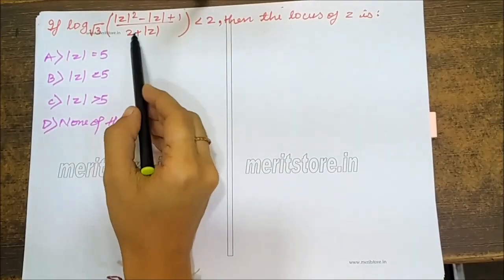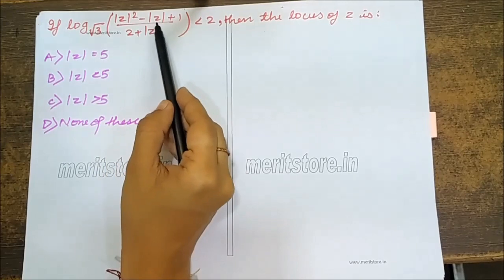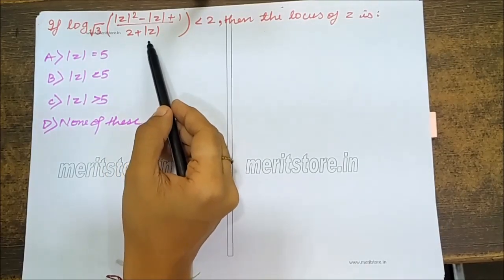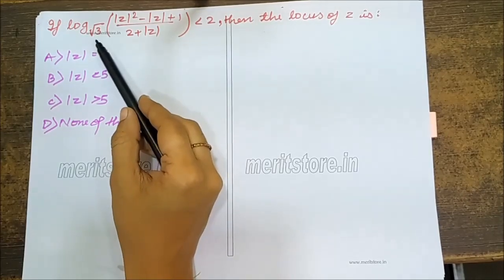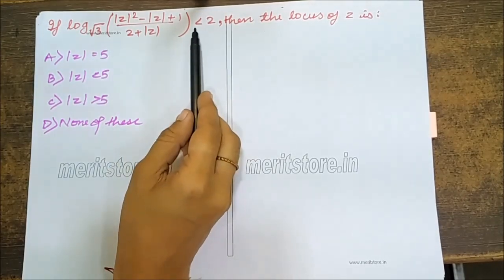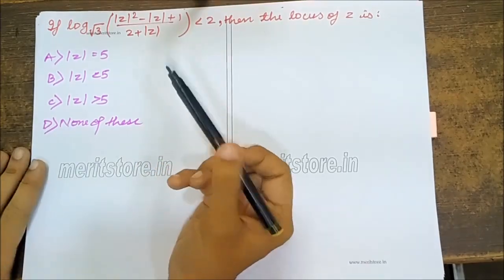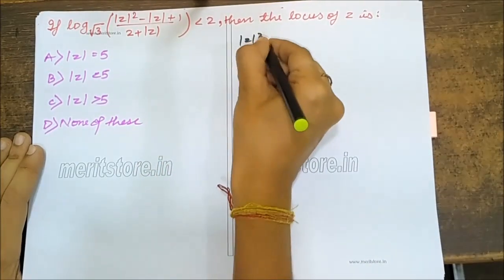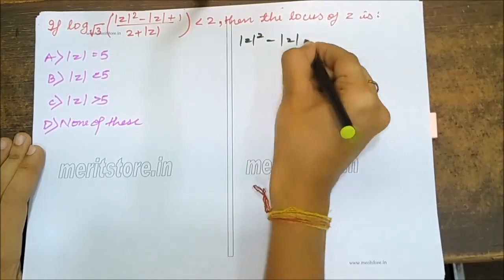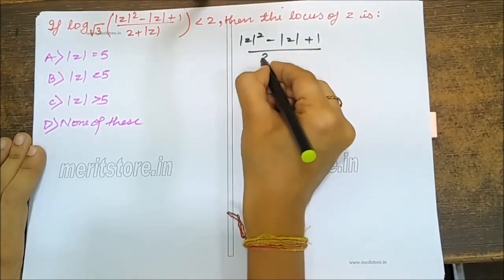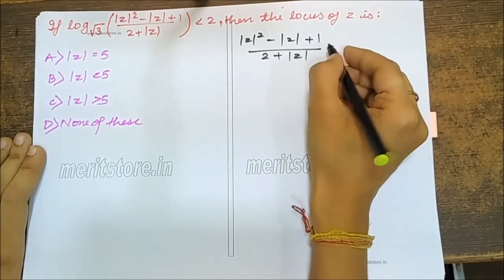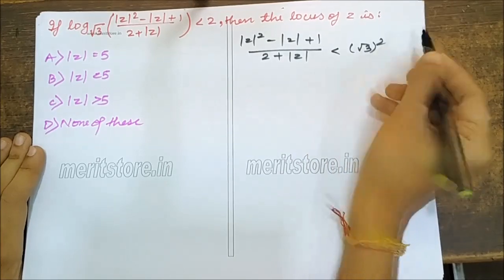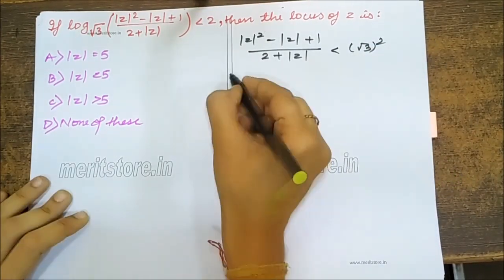If log to the base root 3 of (modulus of z square minus modulus of z plus 1) upon (2 plus modulus of z) is less than 2, the locus of z will be, okay. So modulus of (z square minus z plus 1) upon (2 plus modulus of z) is less than root 3 the whole square. I am writing in the exponential form.